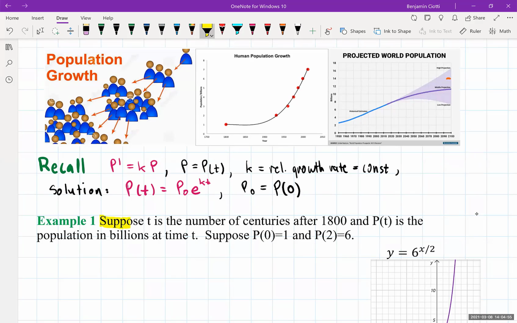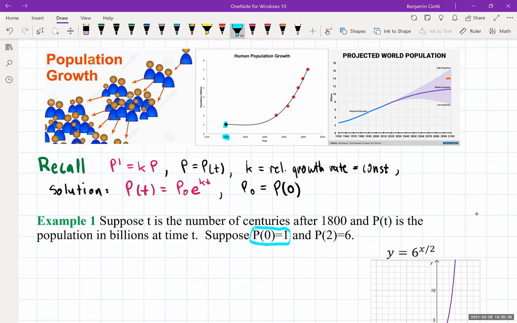Let's suppose that we're going to measure time in centuries starting at 1800. And P of T will be the population measured in billions at time T. You can see from this graph here that in the year 1800, the population was about 1 billion.